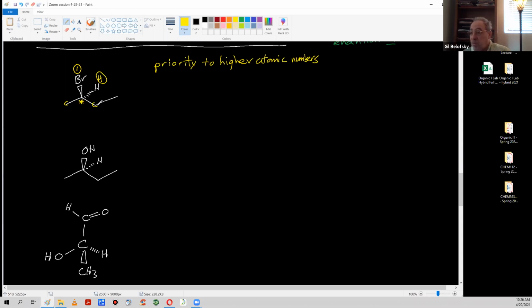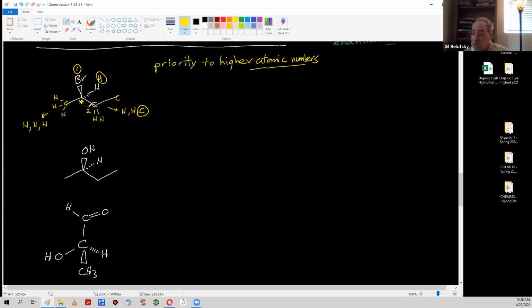What you have to do is go out further. It's that same idea of continuing outward until you find a difference. So what is connected to this carbon? Hydrogen, hydrogen, carbon. Out from this other carbon, hydrogen, hydrogen, hydrogen. We're giving priority to higher atomic numbers. So between these two possibilities, the one that has the carbon is a higher atomic number atom.